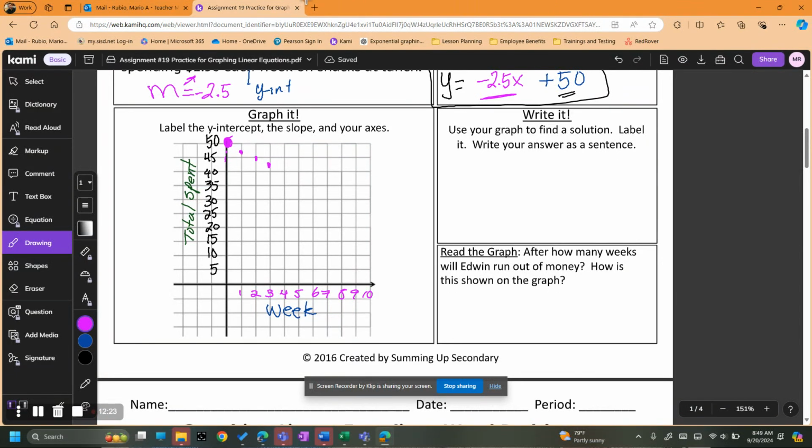Then another half and over 1. Every step we're going to go down half of a square and over 1, because we're trying to indicate that we spent $2.50 every week. One square is worth $5, half a square is worth $2.50. That's why I'm going down half a square.